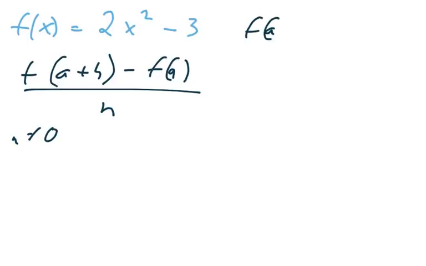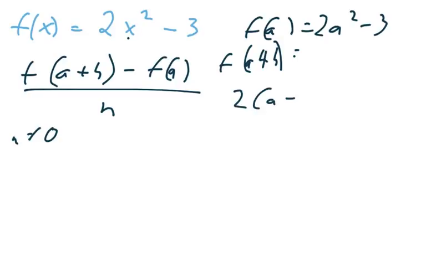So we all know that f of a is pretty easy, because that's just 2a squared minus 3. Now, f of a plus h is a little bit more complicated. That would be 2 times a plus h squared minus 3.